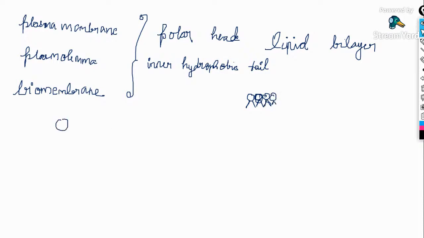Like this, a circle and two lines. So this is what is meant by the polar head, and this is known as the hydrophobic tail.